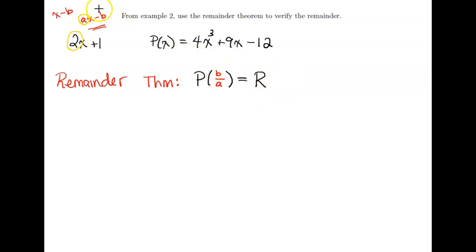So when I sub in b over a into here, I should get negative 17.